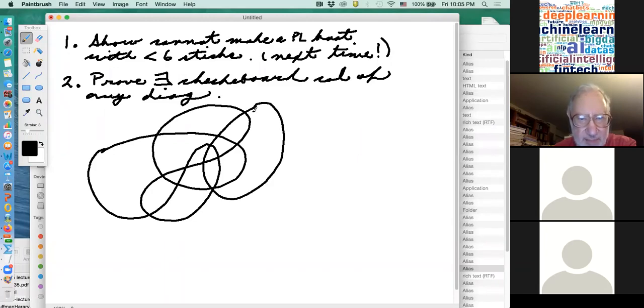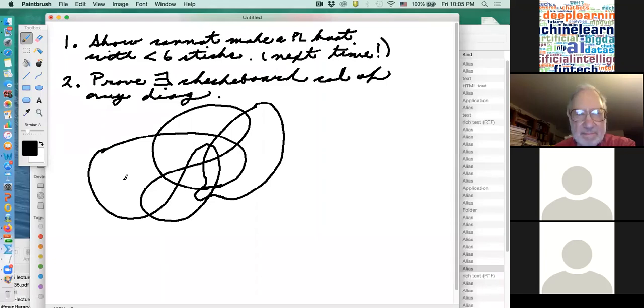Our diagrams are all supposed to be, for our purposes at this time, have only 4 regular nodes, so like that, yes. So, I wish to prove that this can be checkerboard colored.